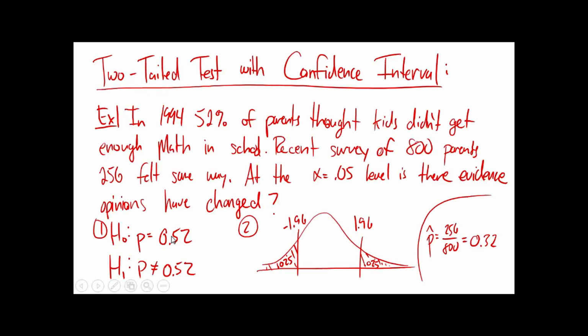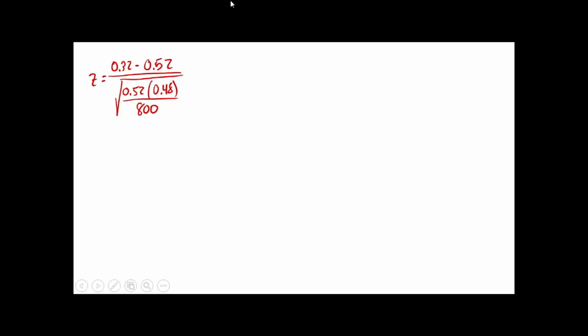Our z would be p hat minus p0, all over the square root of p0 times 1 minus p0 over n. So our p hat is 32%, p0 is 52%, and n is 800. And what do you get for that z statistic?